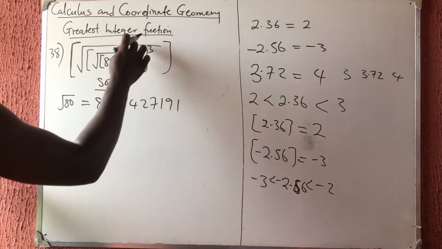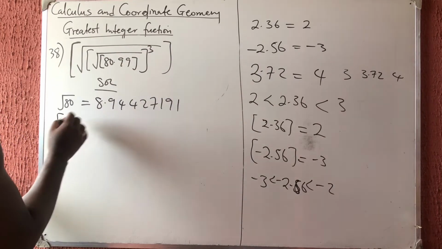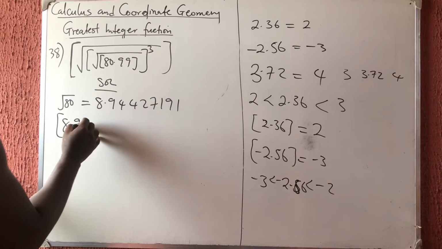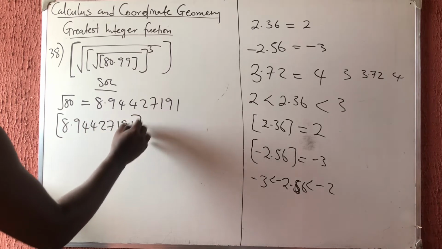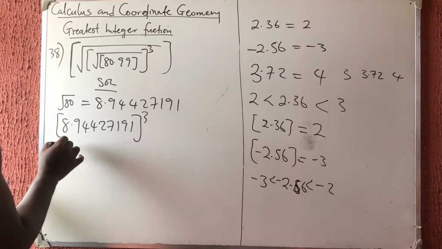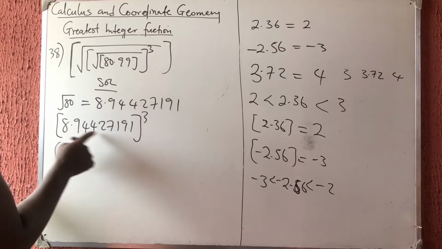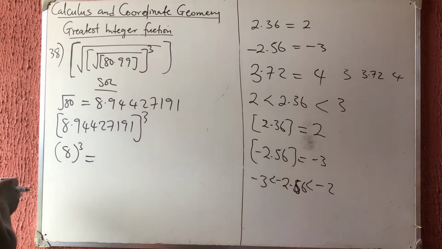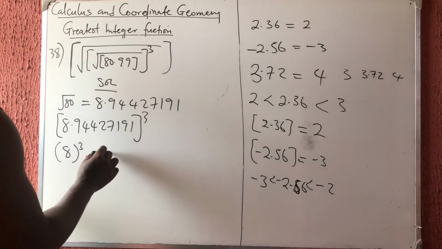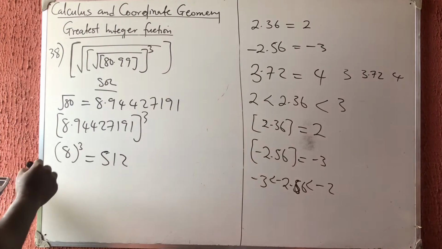What I need now is the greatest integer function of 8.944271191, which is 8, then raised to power 3, which gives us 512.